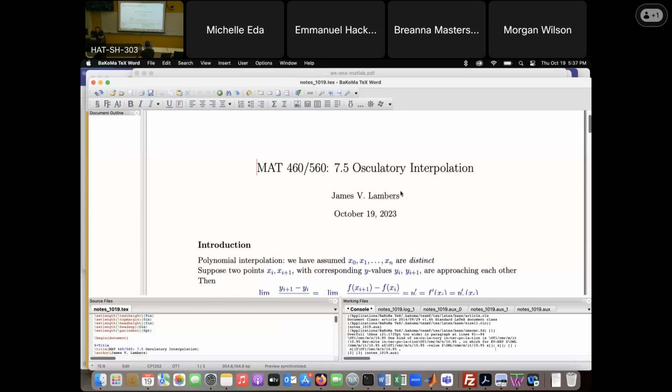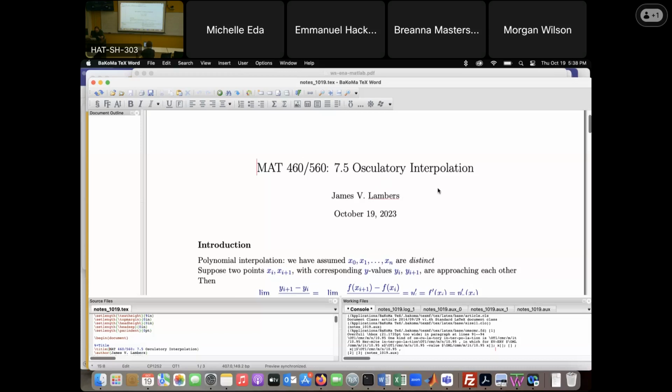Okay. Now, this is the last section of this chapter on polynomial interpolation that I feel like covering. There are other sections in this chapter I just don't feel like covering. Osculatory interpolation.